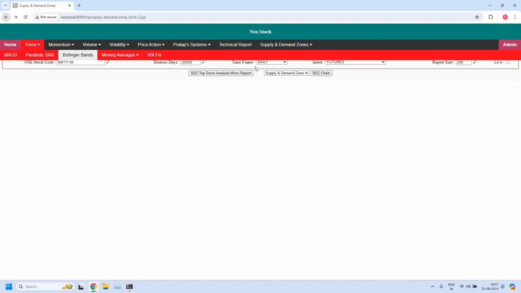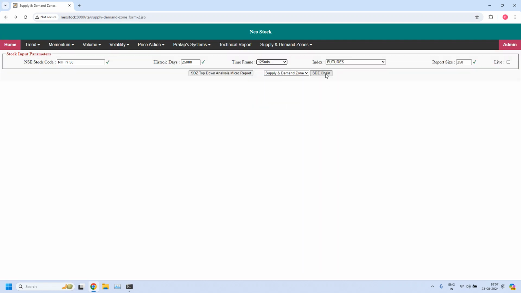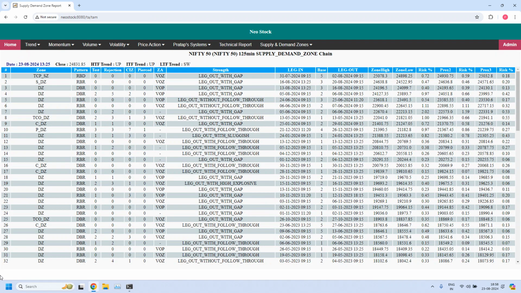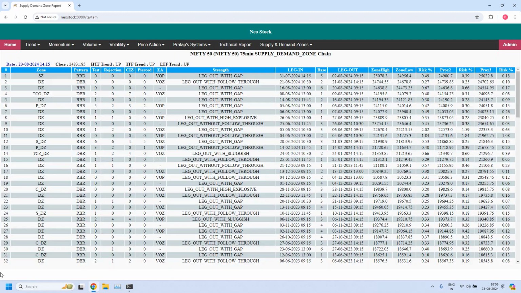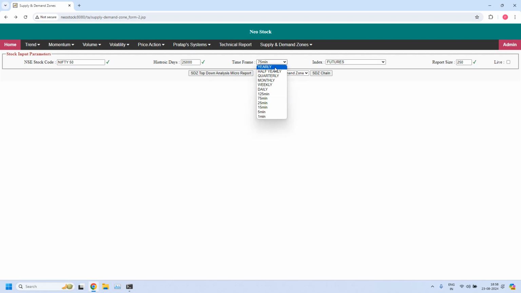Now I am changing the time frame to 125 minutes and generating 125 minute supply demand zone chain for NIFTY. Then 75 minutes, and then 25 minutes, generating the supply demand zone chain for NIFTY each time.